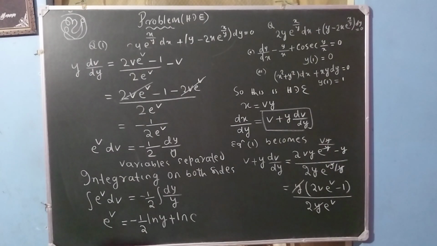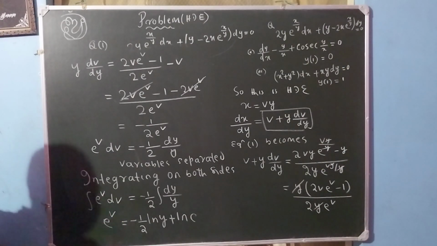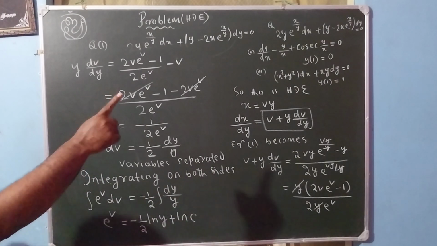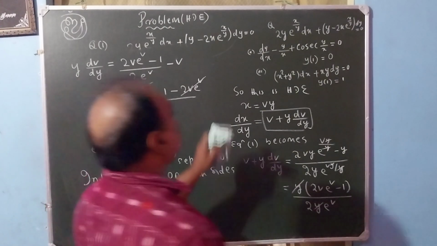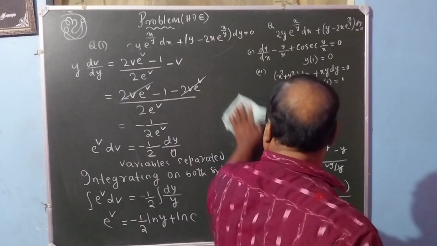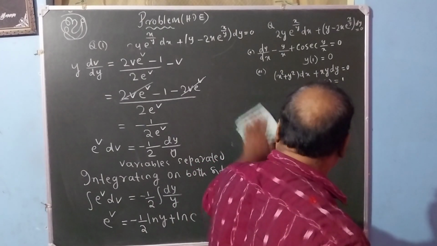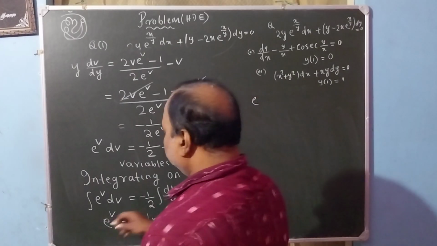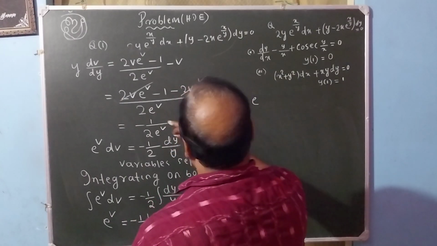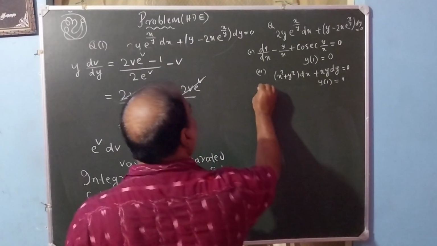Now in place of v, we put x by y. Write down the last step of the question: e to the power x by y.